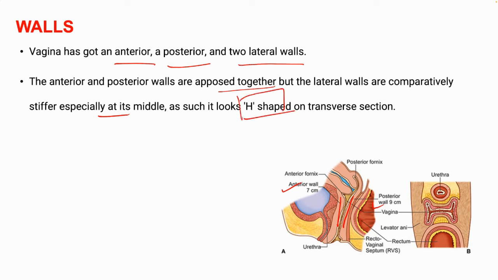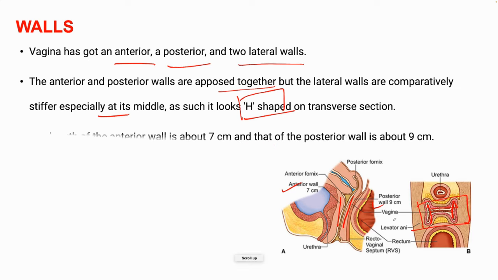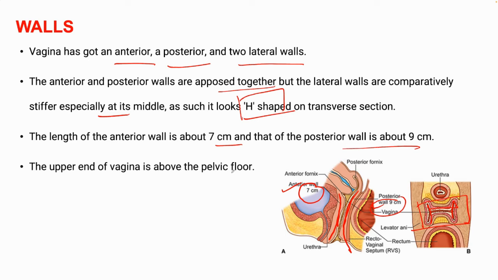The length of the anterior wall is about 7 cm and the posterior wall about 9 cm, so the posterior wall is bigger. The upper end of the vagina is above the pelvic floor.